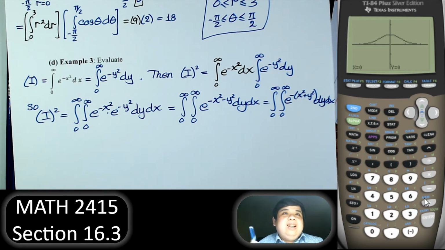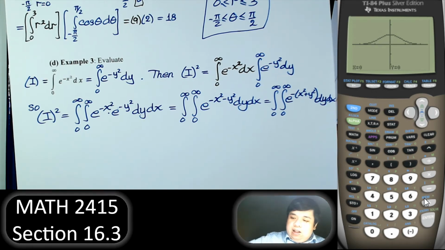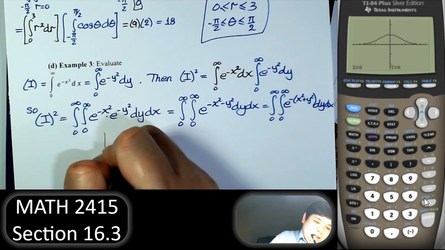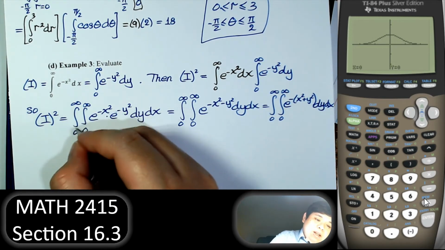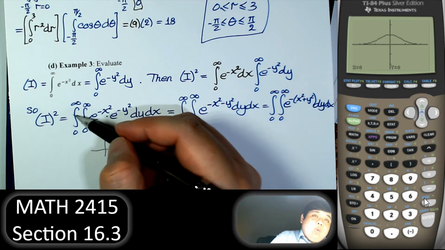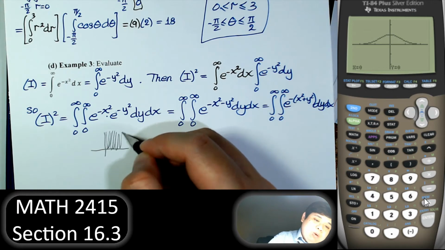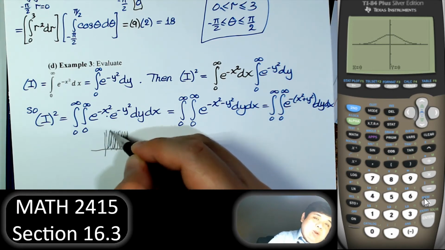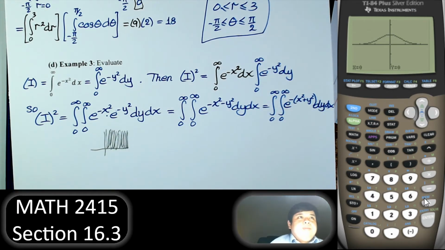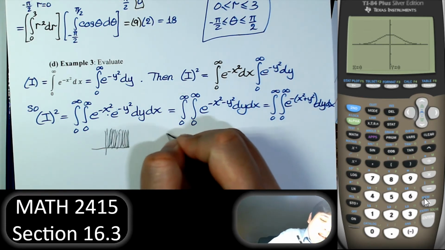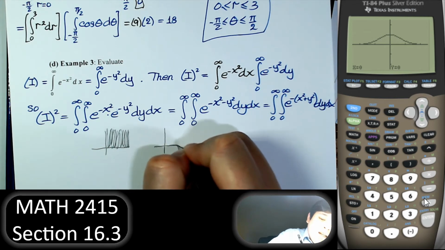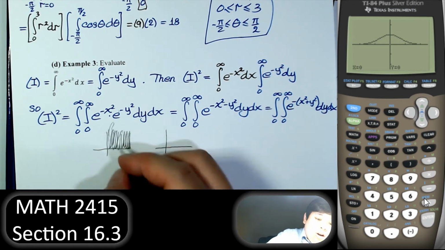Now, the best part of this is this logic. We talk about the limits. x can go anywhere from 0 to infinity, and y can go anywhere from 0 to infinity. So we're talking about the whole first quadrant here.